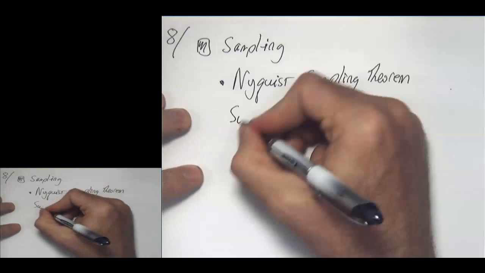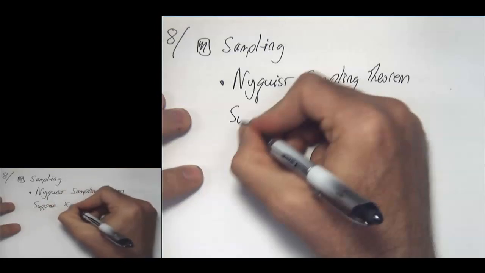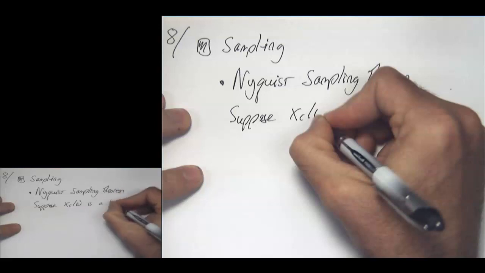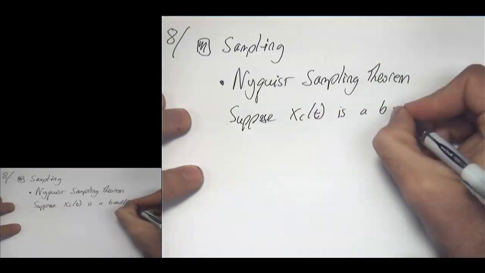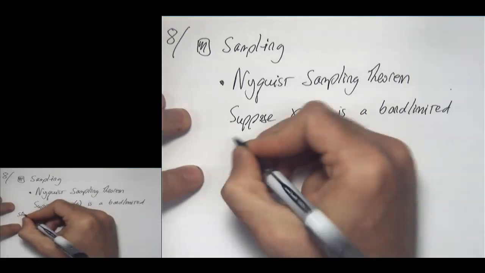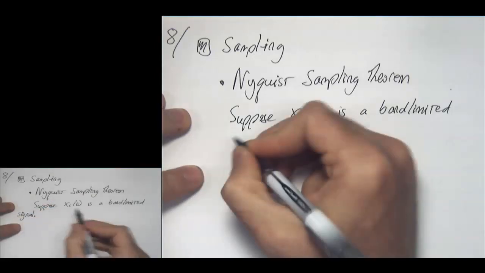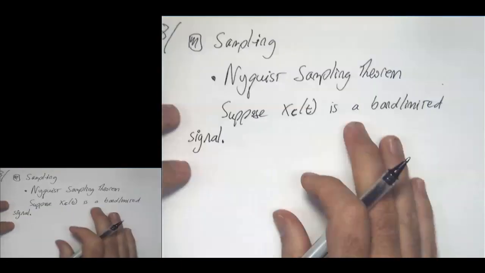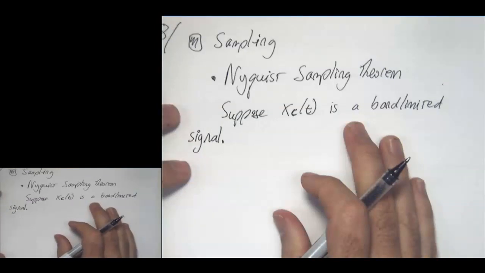Suppose that x sub c of t is a band-limited signal. For the next couple of lectures, I'll try to put this little c subscript to indicate that we're dealing with something that's continuous time. Later on, we won't need it because we'll be working primarily in discrete time.